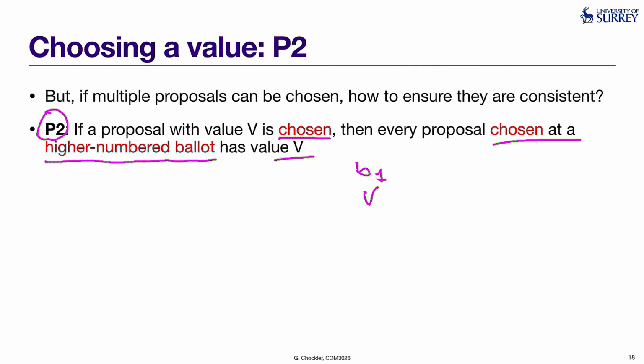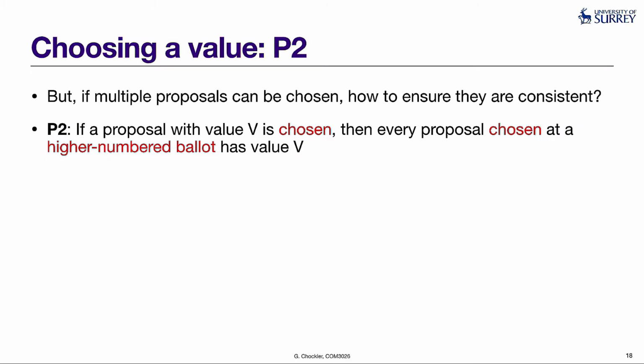By virtue of this property P2, any subsequent ballot, B2, B3, B4, etc., will necessarily choose the same value V. This is how we ensure consistency. This property P2, along with the unique ballot identifiers, gives us what we want. It gives us the agreement.